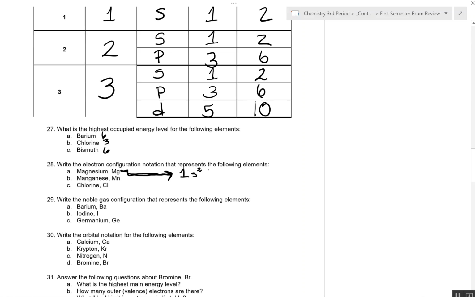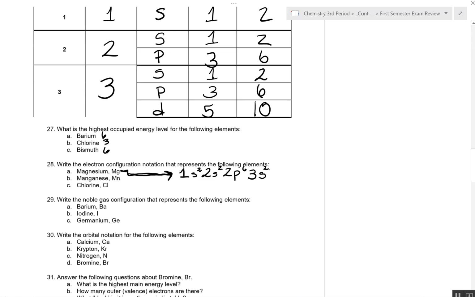There is no 1p, so we start over. 2s, 2. 2p, 6. What's our total so far? How many superscripts do we have? 2, 2, and 6. What's that add up to? And what energy level is magnesium in? 3rd. And it's in the S, and that's what it looks like.